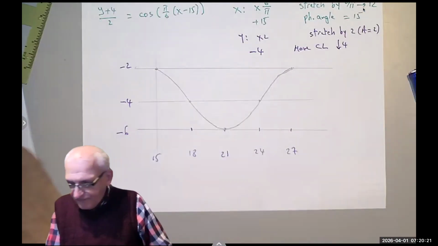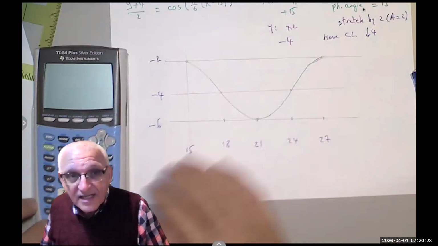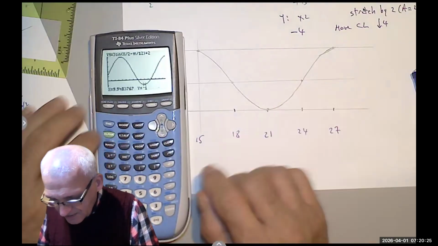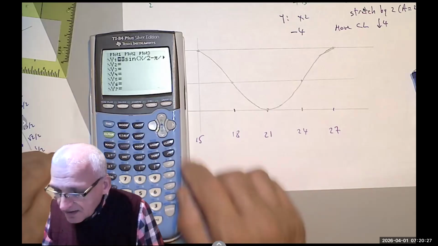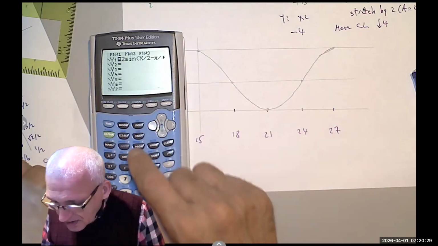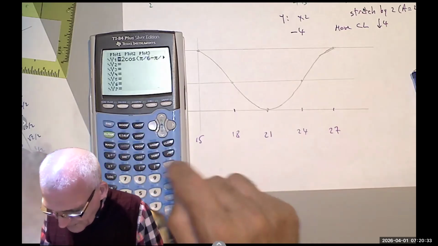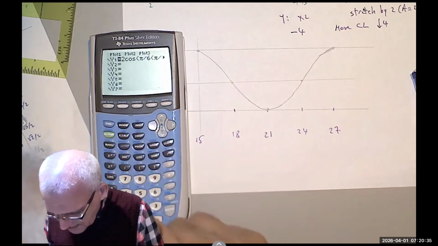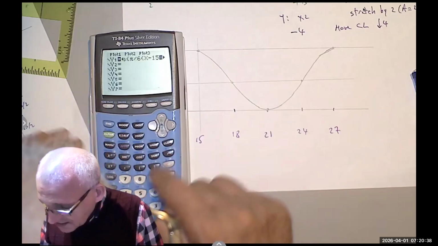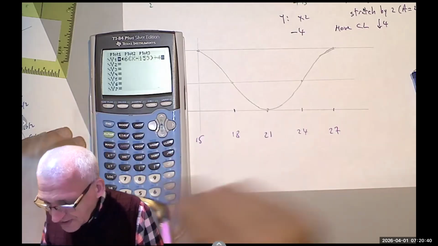And like we did before, we can go back and plot that on the calculator. So this becomes 2 cos pi over 6, open a new parentheses, x minus 15, close both parentheses and subtract 4.